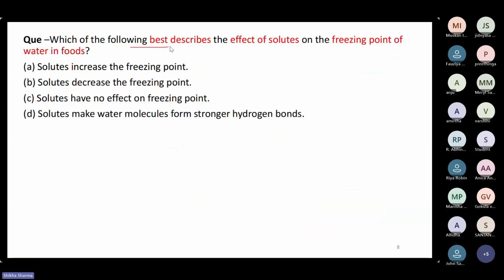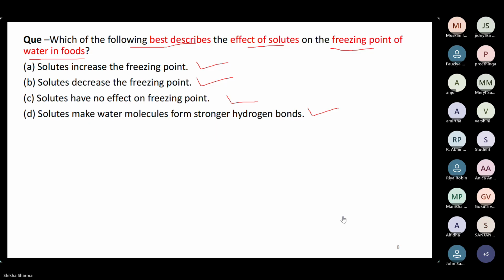Which of the following best describes the effect of solutes on the freezing point of water in food? A is solutes increase the freezing point, B is solutes decrease the freezing point, C is solutes have no effect on freezing point, and D is solutes make water molecules form stronger hydrogen bonds.